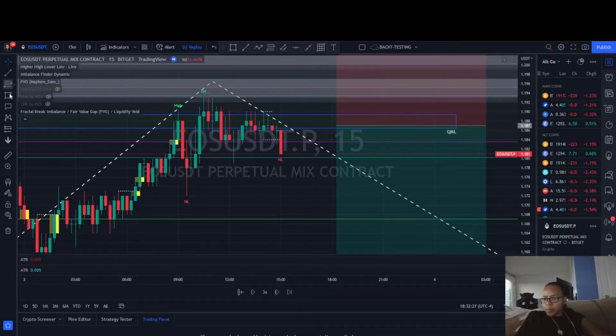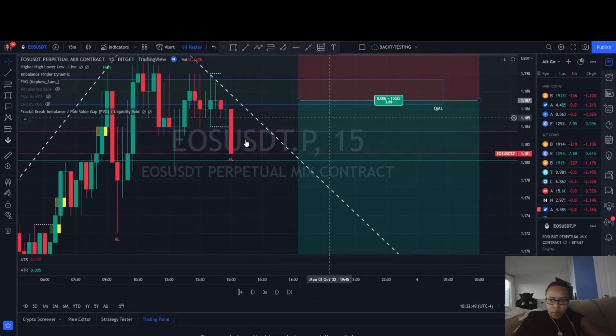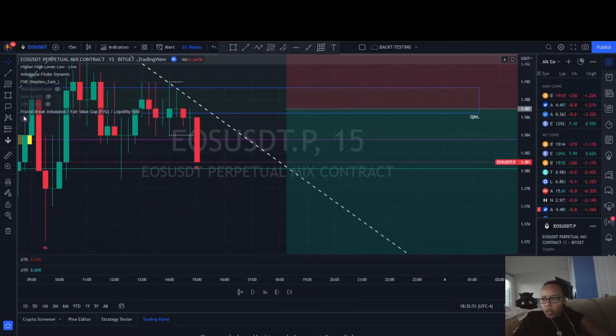Okay, so here's like a little sub level. Well, here's a nice little break right here of this level, and a nice red strong candle telling me sellers might be stepping in. Oh, hold on. Oh, look at that candle.